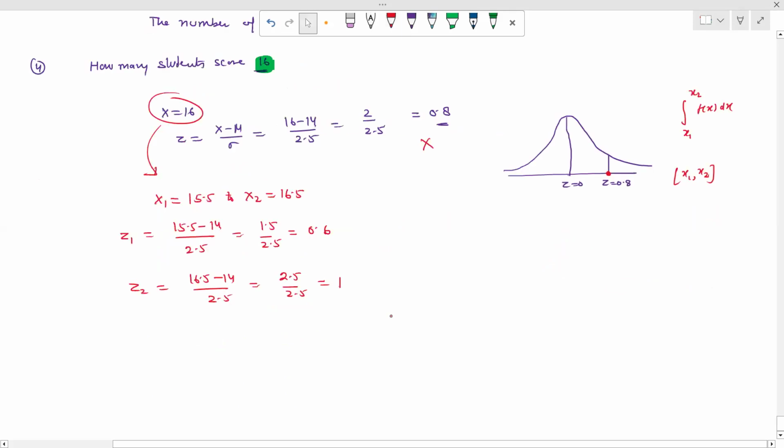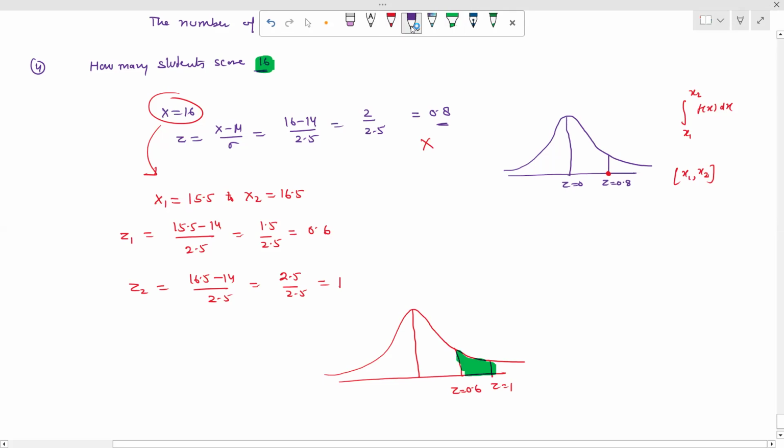Okay, so now we draw this. So this is our 0.6, z is equal to 0.6 or z is equal to 1. So we are going to calculate this area, because we have some interval.